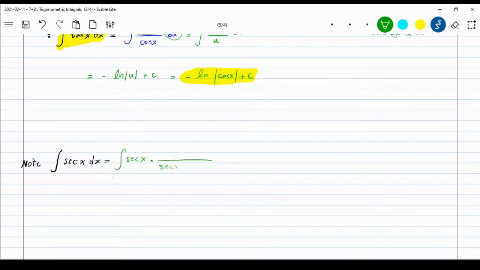We're going to multiply by secant x plus tangent x in the numerator. And also in the denominator, I'm going to multiply exactly the same thing. So this way we haven't changed anything about the secant. It's like multiplying by 1. But now if you multiply this secant into the numerator, what you get is the integral.